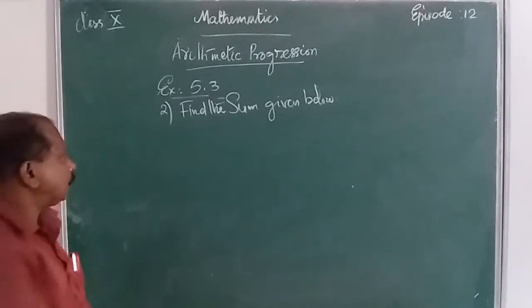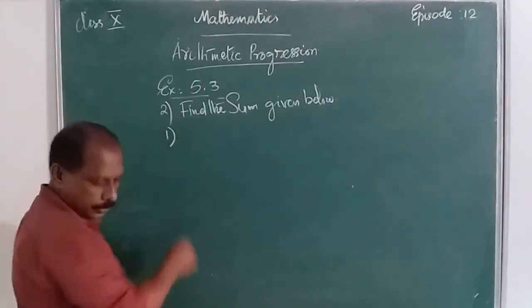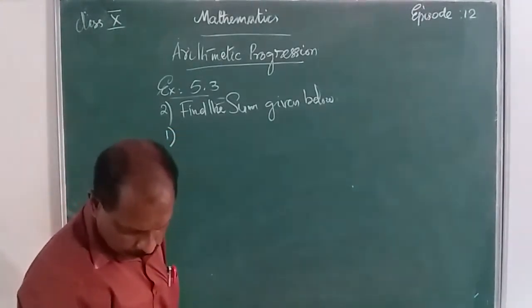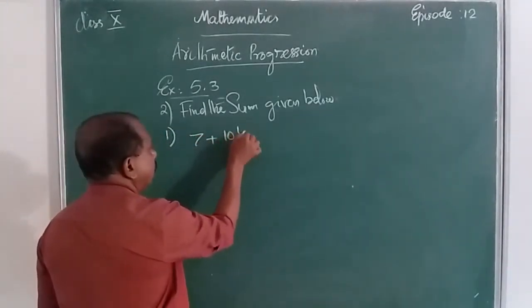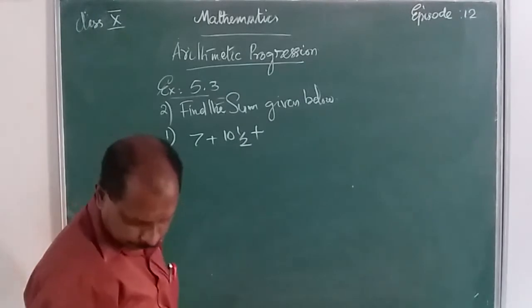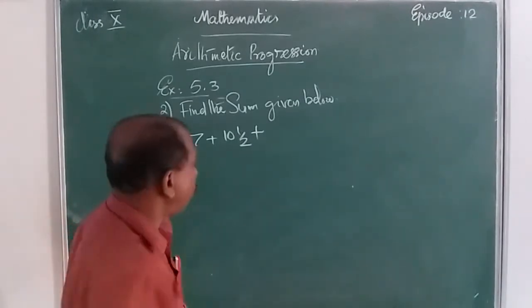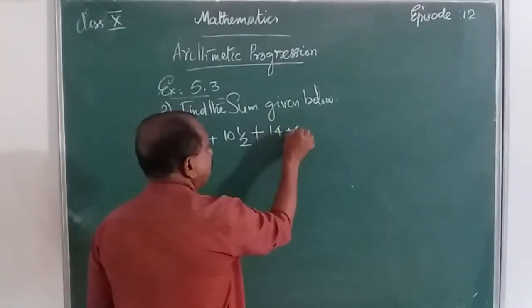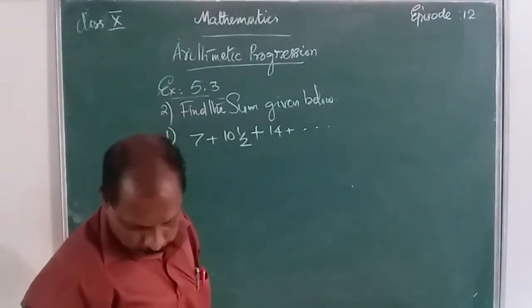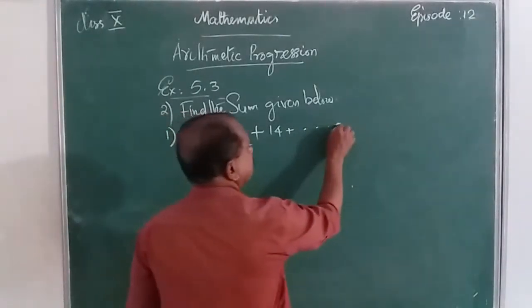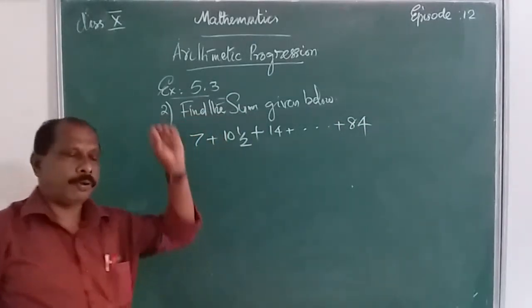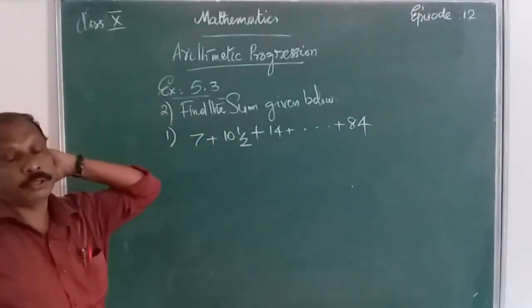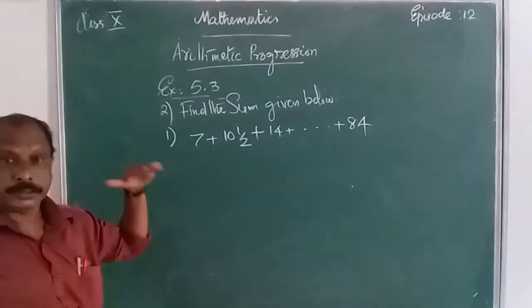The first question is 7 plus 10 and a half plus 14 plus etc. plus 84. That means this is a series, because the sum of all terms of an arithmetic progression or sequence is known as a series.